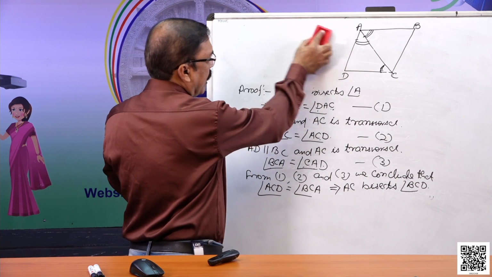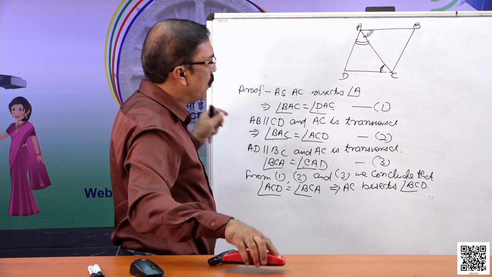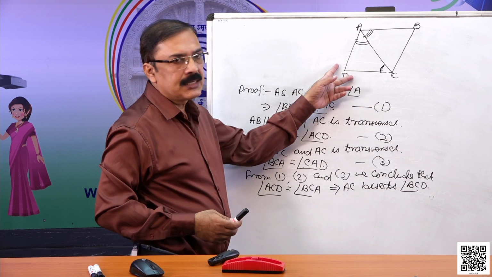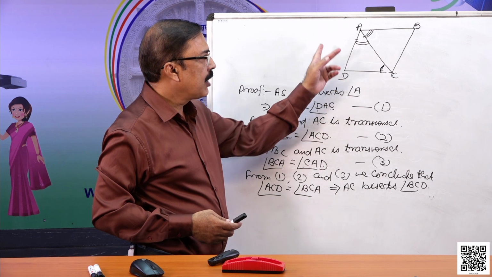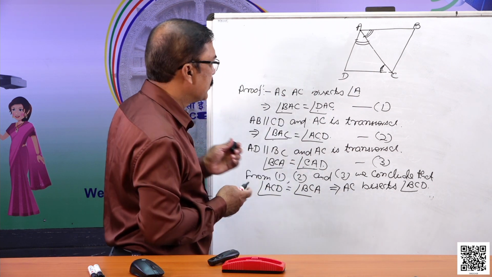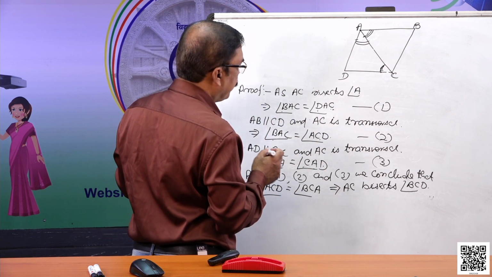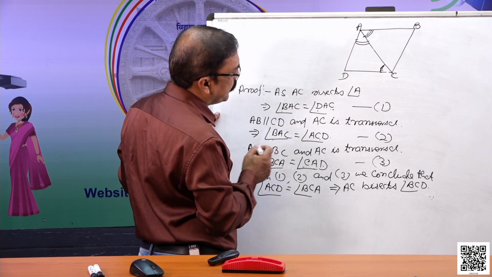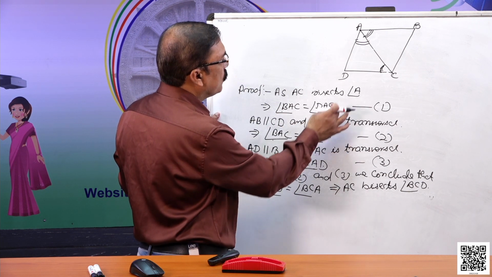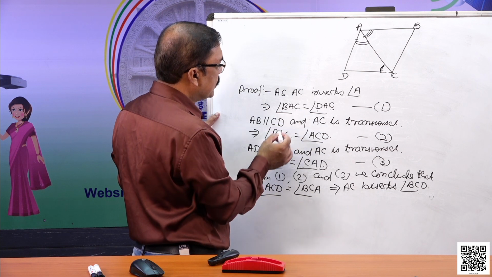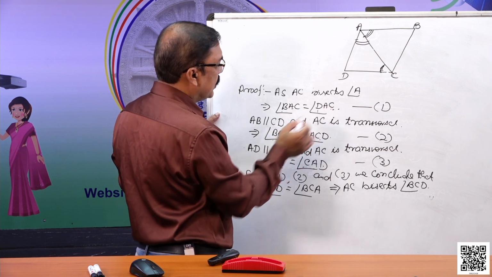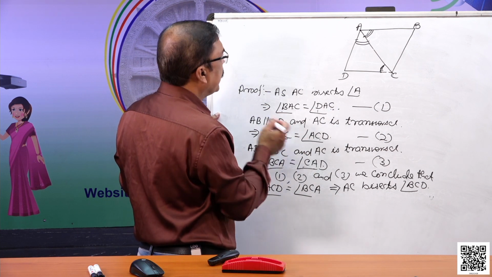As it is a parallelogram, if we prove that any two adjacent sides are equal, then we can prove that this is a rhombus. Now from this we can take BAC equal to DAC and BAC equal to ACD.